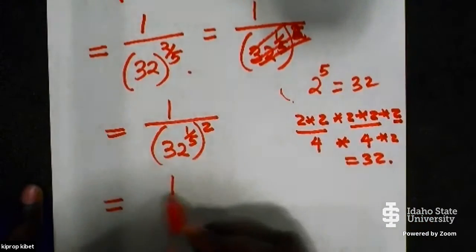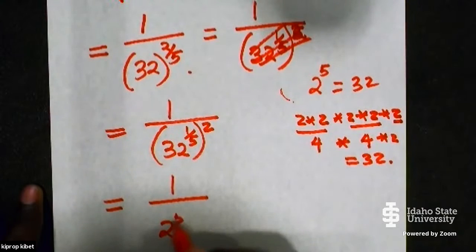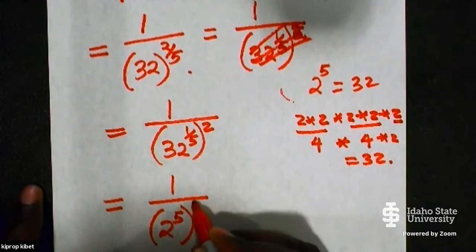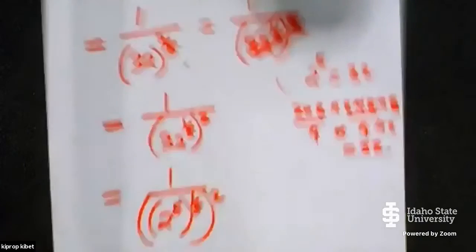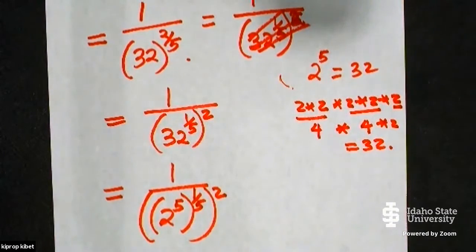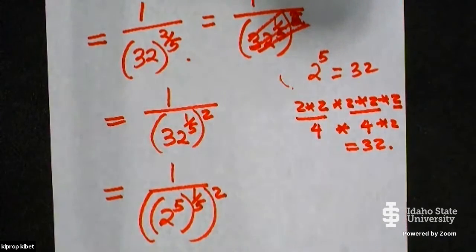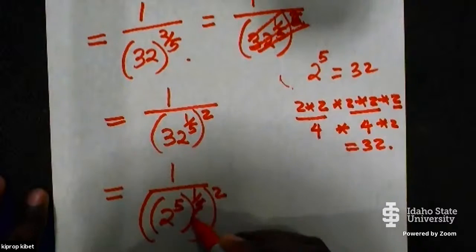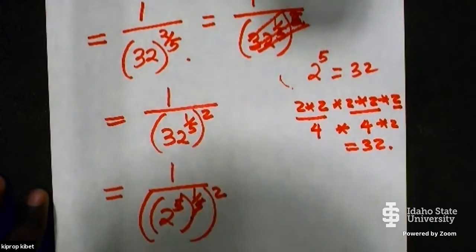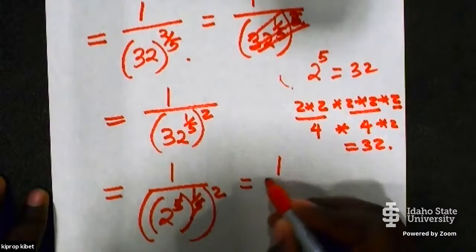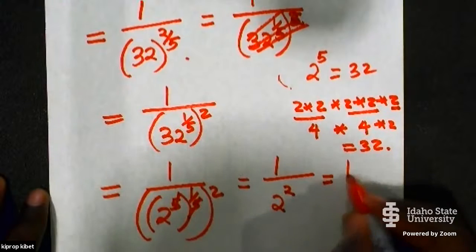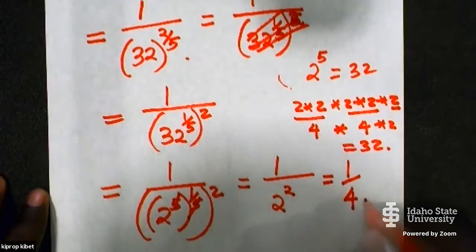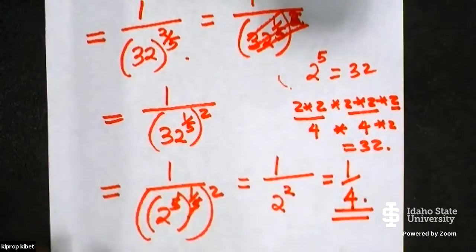So it equals 1 all over 2 raised to 5, and then this raised to 1 over 5, all that raised to square. Now using the power property, this will cancel with that. So finally what we get is 1 all over 2 raised to 2, which is equal to 1 all over 4.